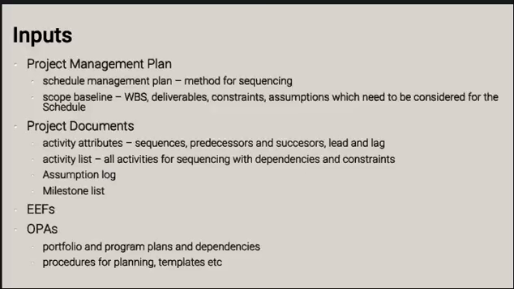As always, you're going to use enterprise environmental factors. So availability of software, availability of expertise, some industrial practices for sequencing, and organizational process assets like portfolios with projects, programs, and the list of dependencies that are already known, and templates, if there are any.